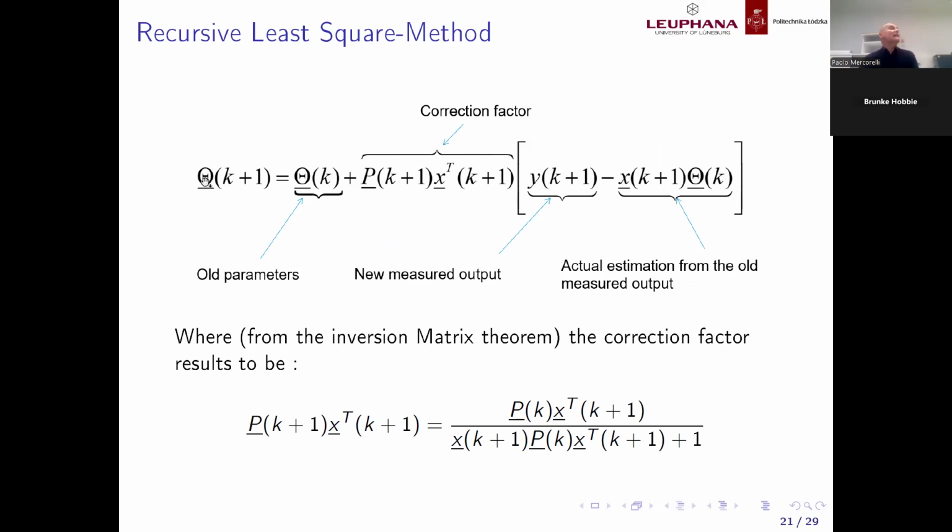Here, I changed it a little bit: I translate the time. You can read here theta of k equals theta of k minus 1. This is just a formal aspect, more suitable during the calculation to work with this notation. But anyway, it works for each k.